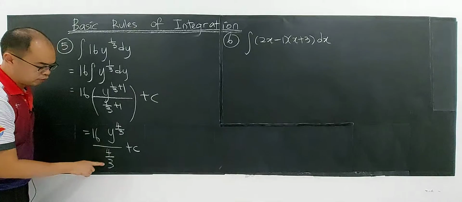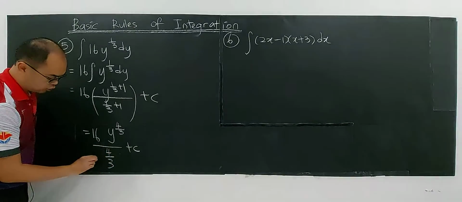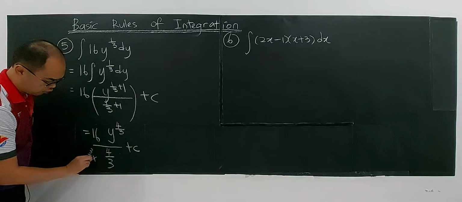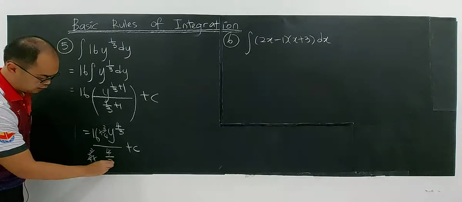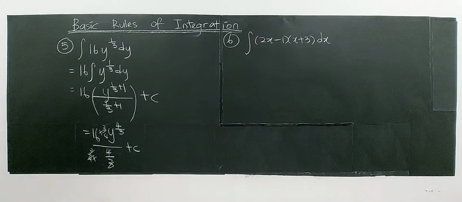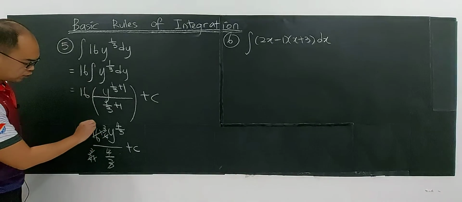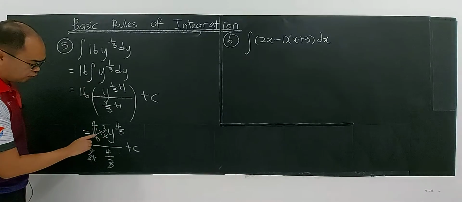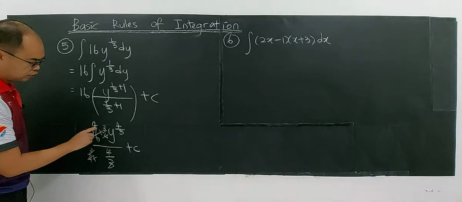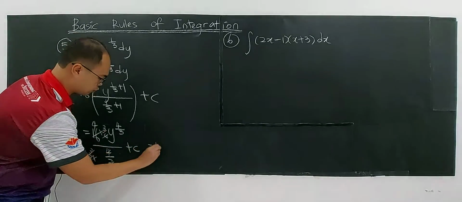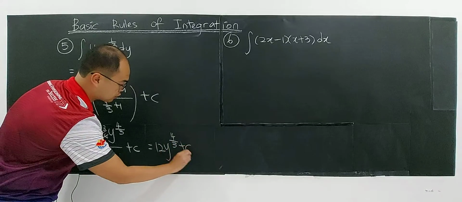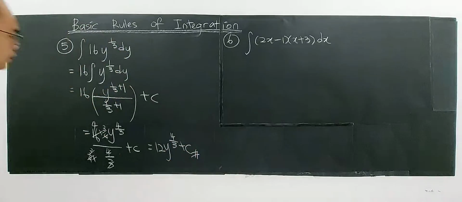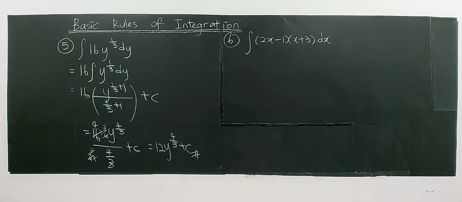So to eliminate the 4 over 3 from the denominator, I'm going to multiply with 3 over 4, up and down, so that it will be getting 1 on the denominator. So 4, 4, 16. 3, 4, 12. So you have 12 y to the power of 4 over 3 plus c. Right? As simple as that.